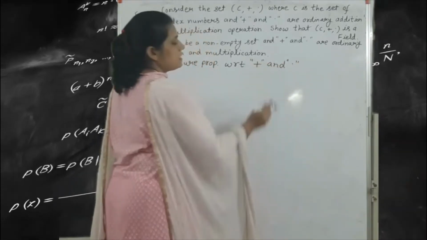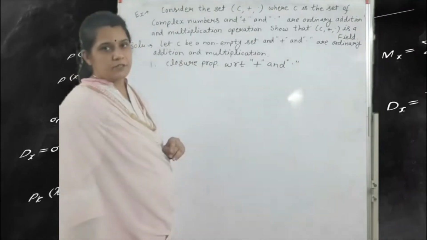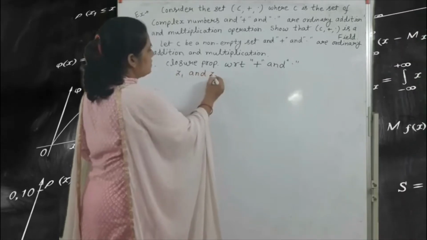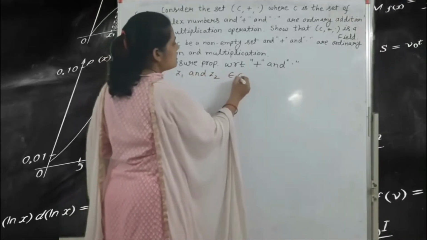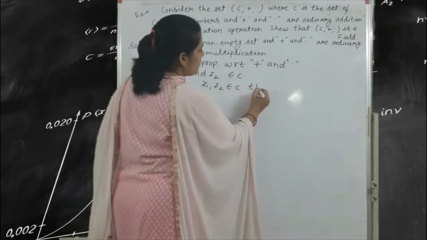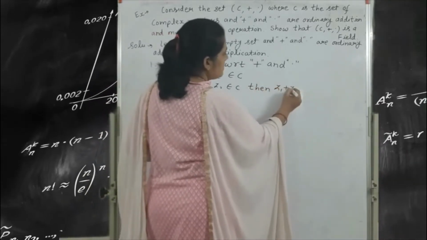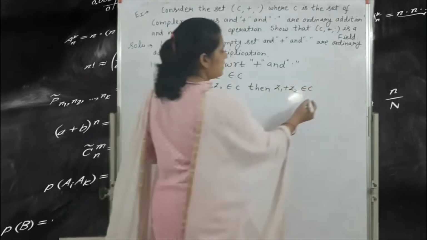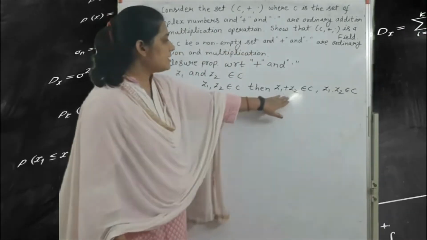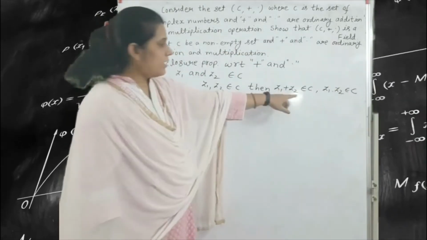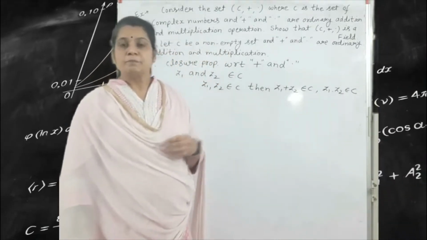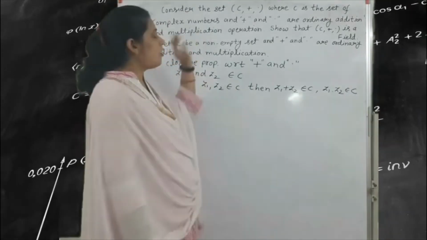So for example, we consider here Z1 and Z2 belonging to C. That means Z1, Z2 belong to C. Then for addition, Z1 plus Z2 belongs to C, and for multiplication, Z1 dot Z2 belongs to C. If we satisfy these two conditions with respect to plus and with respect to multiplication, then we can say that this satisfies the closure property.